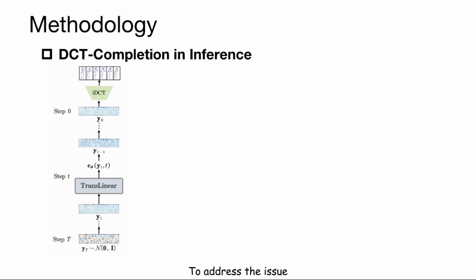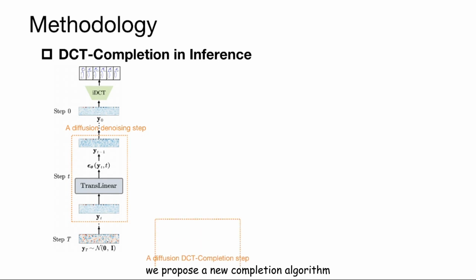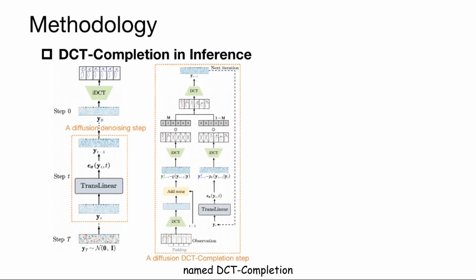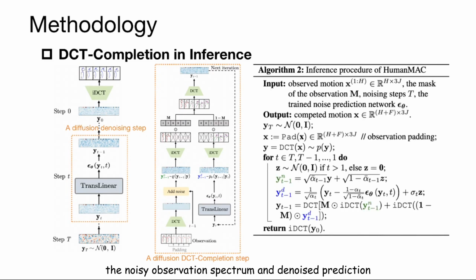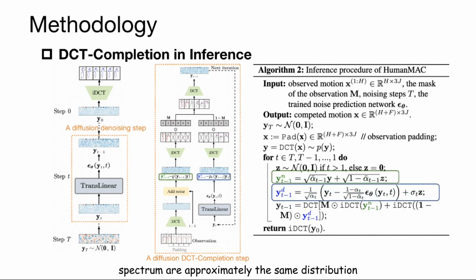To address the issue, we propose a new completion algorithm without model retraining, named DCT completion, which can complete prediction motions with observation motions. In a trained diffusion model, the noisy observation spectrum and denoised prediction spectrum are approximately the same distribution. Therefore, we project the denoised and noisy spectrum to the temporal domain via the IDCT operation and then combine them together with a masking mechanism.